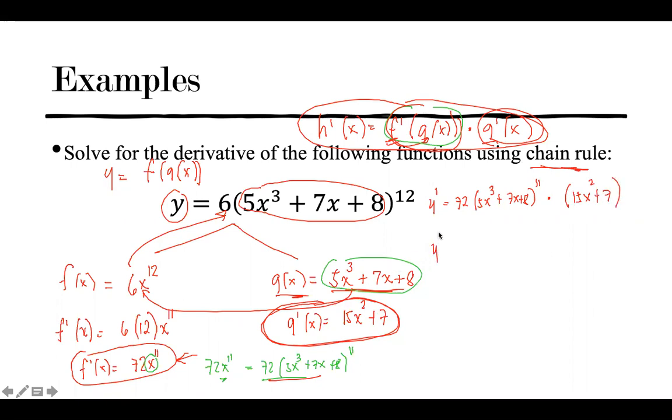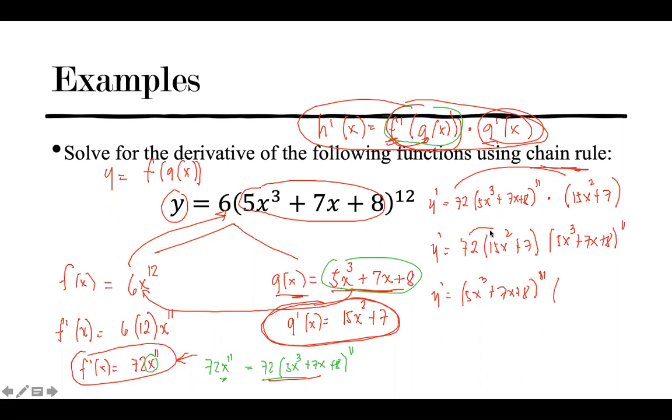And so to solve further, I believe we can just combine them. So we can just write that as 72 times 15x squared plus 7 times 5x cubed plus 7x plus 8 to the power of 11. And you distribute 72 here. So, sorry, it's 11.